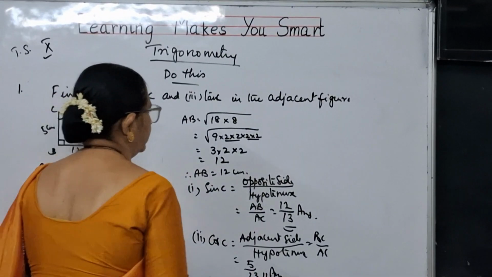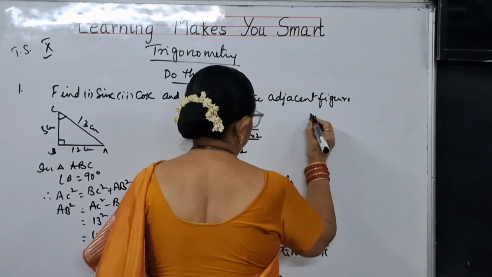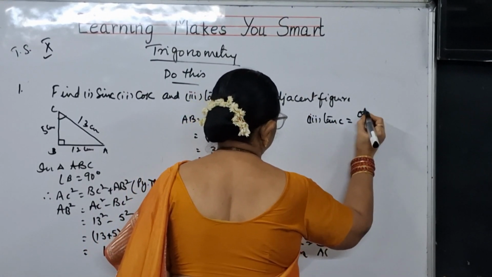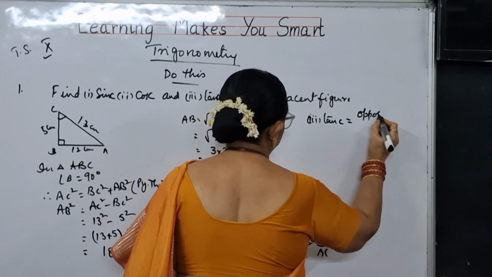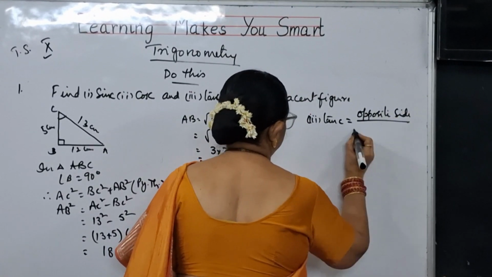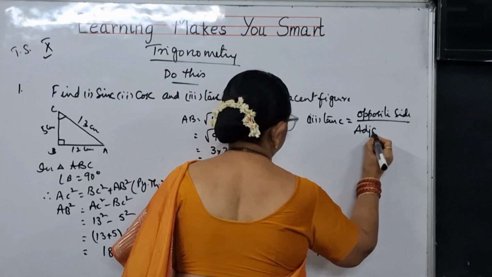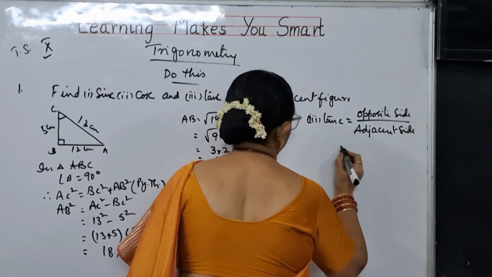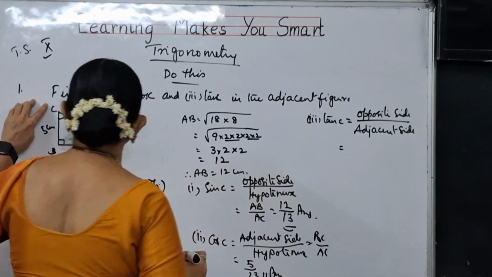Now the third bit is you need to find out tan C. Tan C formula, opposite side by adjacent side. So what is opposite side for C?